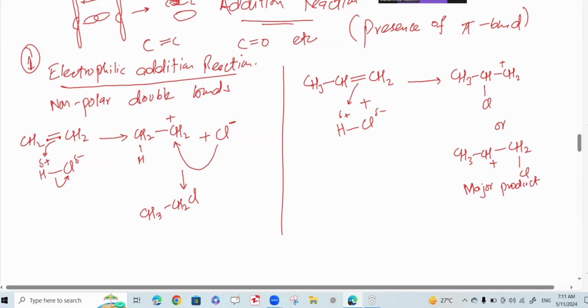Sorry, we had to attach hydrogen. Yes, hydrogen will be here and hydrogen will be here because these electrons are going towards the hydrogen. So this will be the major product and this will be the minor product. We can say this is 20% and this is 80% simply.